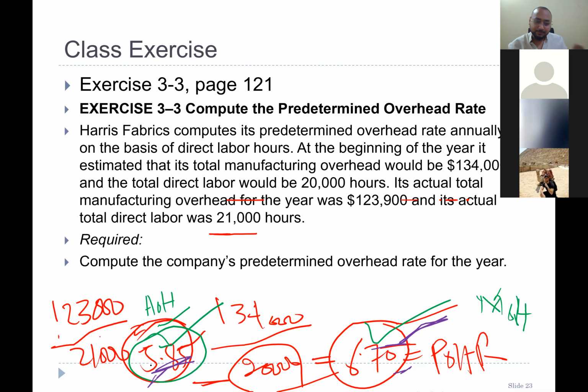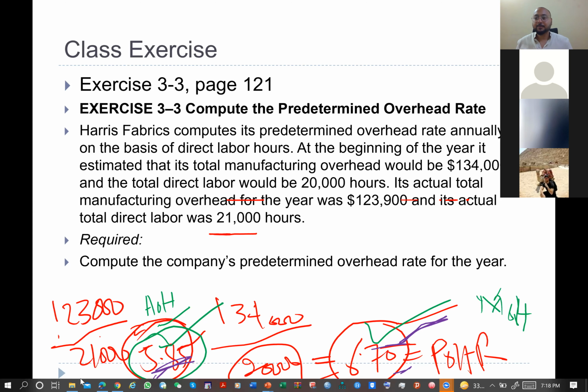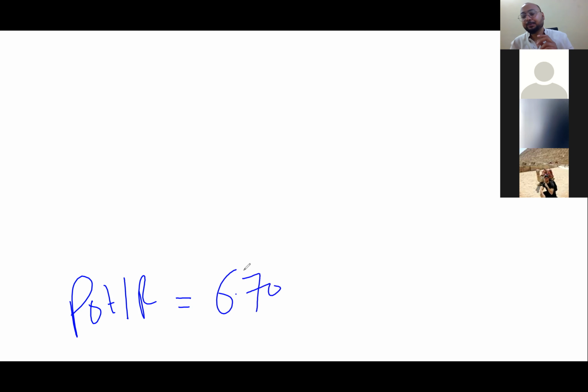Okay, let's put it this way. You estimated at the start of the year that your manufacturing overhead rate was going to be 6.70, the predetermined overhead rate.